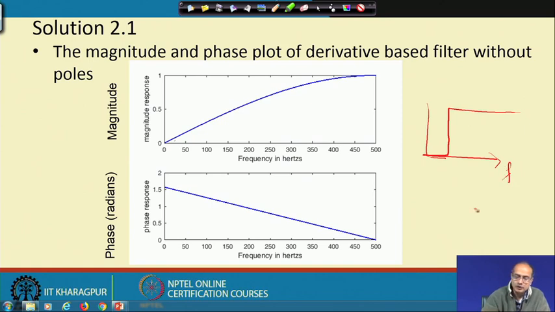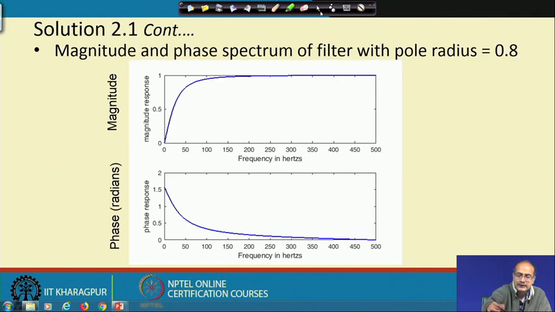But the good part is that when you look at the phase plot here, the phase is completely linear. That is the beauty of this filter. Now, let us look at the case when a pole is added, first pretty far inside, at pole location radius 0.8.